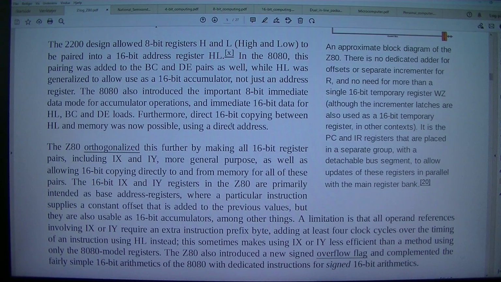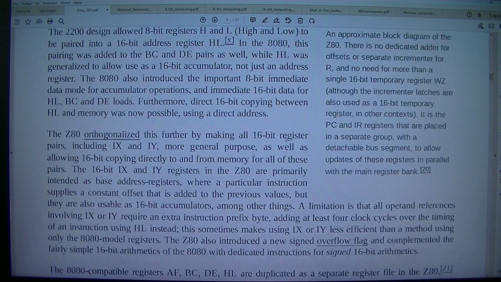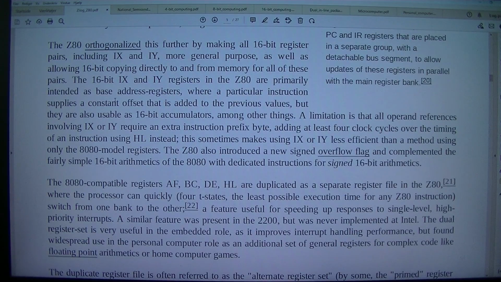Furthermore, direct 16-bit copying between HL and memory was now possible, using a direct address. The Z80 orthogonalized this further by making all 16-bit register pairs, including IX and IY, more general purpose, as well as allowing 16-bit copying directly to and from memory for all of the register pairs.